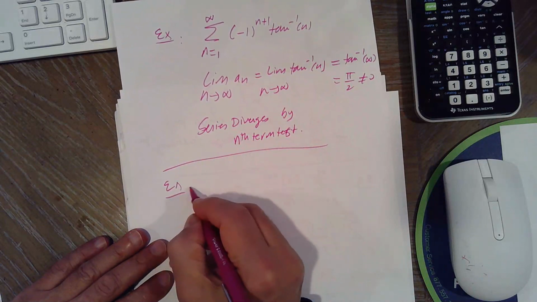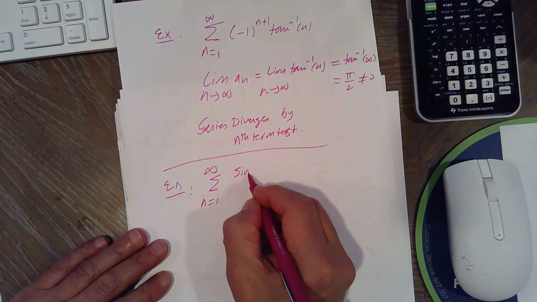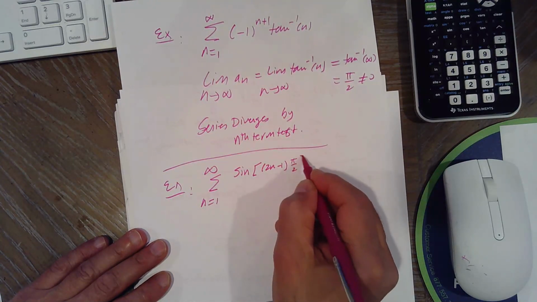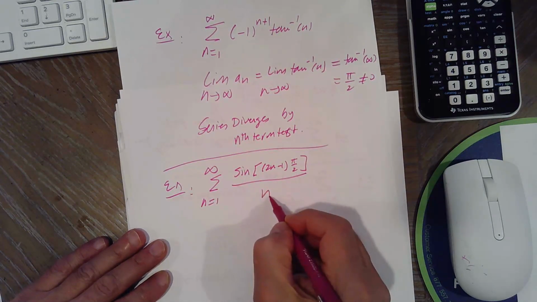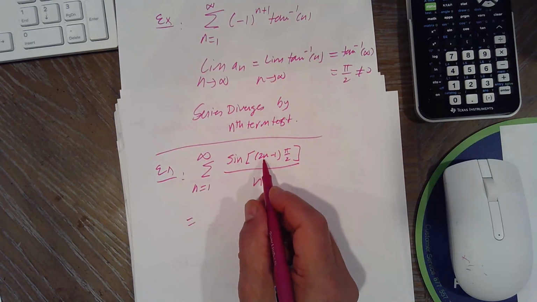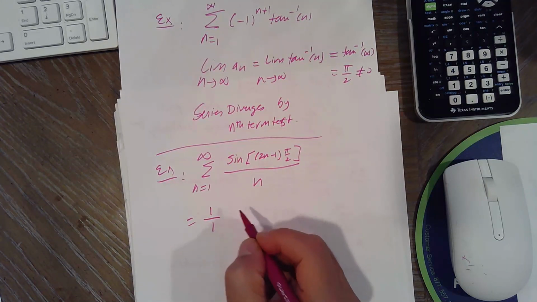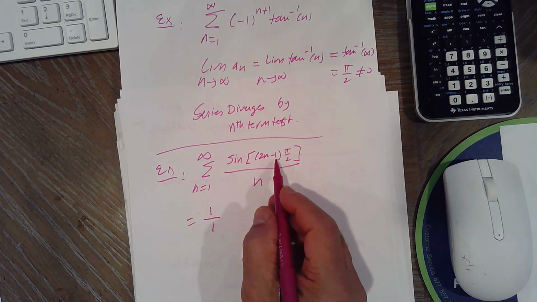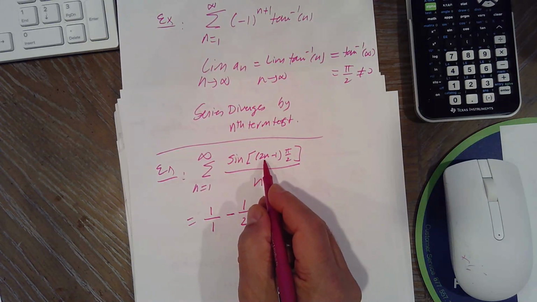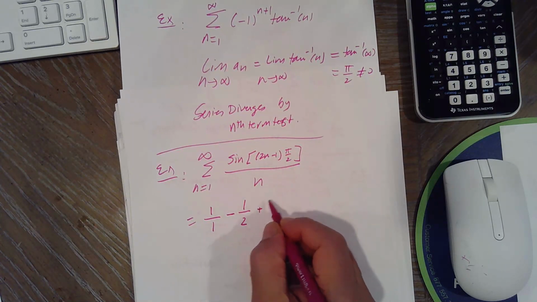Here's another one. Sigma from 1 to infinity of sine of (2n minus 1) pi over 2, over n. Let's write out the first few terms to see what this is. If you put a 1 in there, sine pi over 2 is 1, over 1. If you put a 2, sine 3 pi over 2 is negative 1 over 2. If you put a 3, sine 5 pi over 2 is 1.